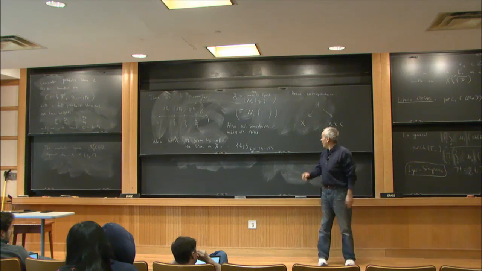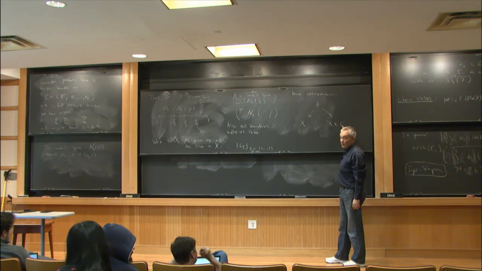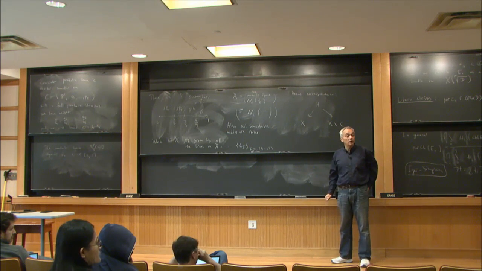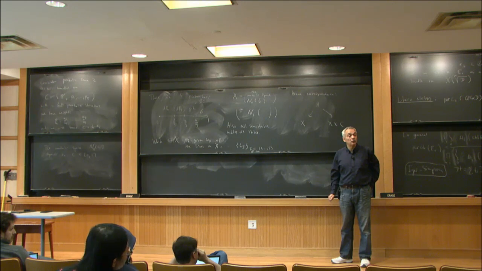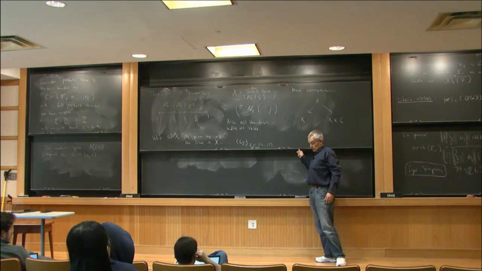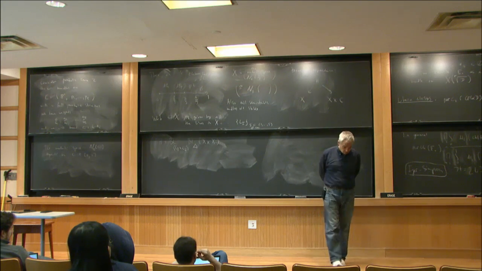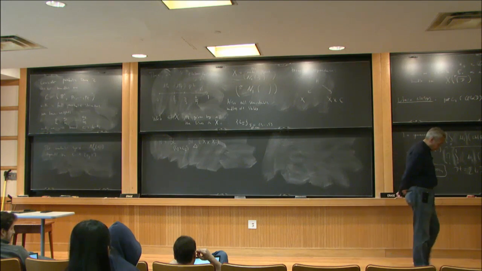Are the modifications at that point different than at a smooth point, at an unmarked point? Is the algebra different?